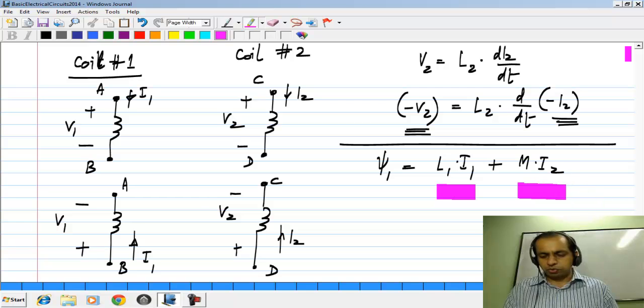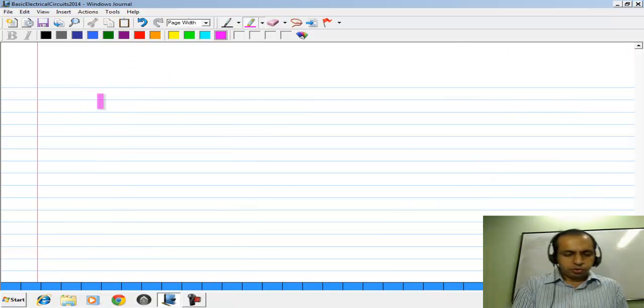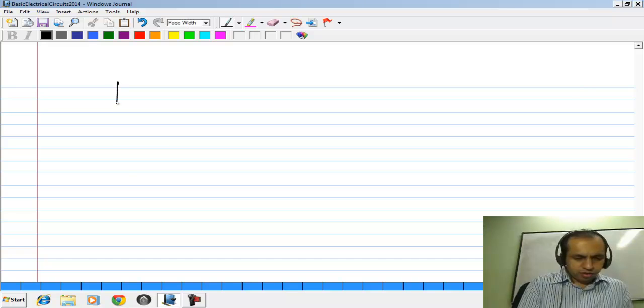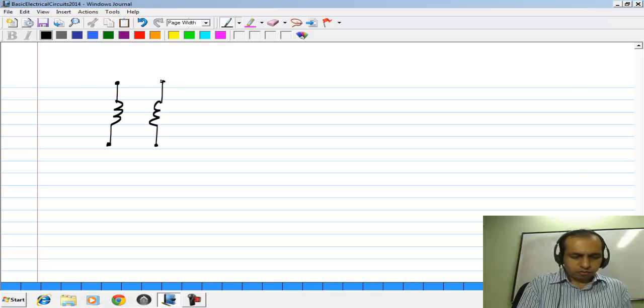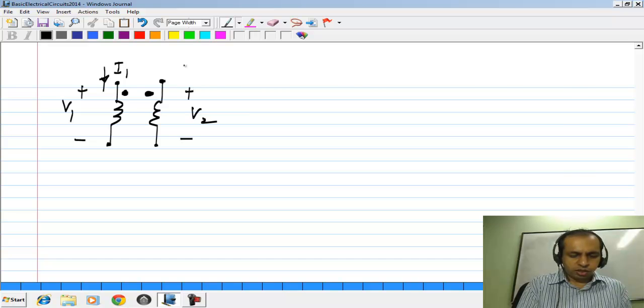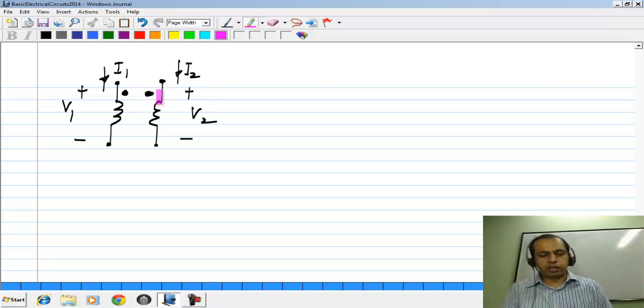So to remove this ambiguity, when you have a mutual inductor, let's say you have V1 and I1, you place dots next to the two coils, and you have V2 and I2. These dots are there so that the sign ambiguity in the mutual coupling is removed.